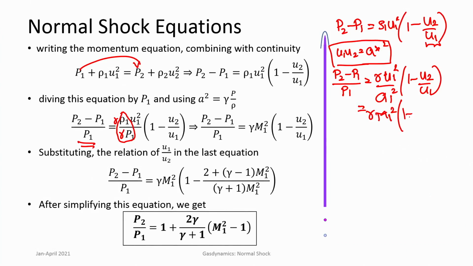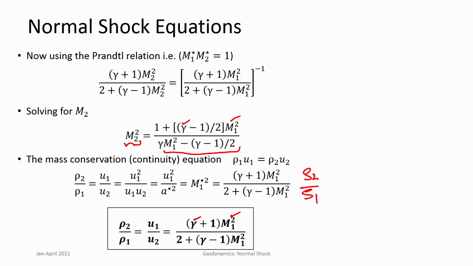Now, U2 by U1, from the previous analysis where we found rho 2 by rho 1 to be U1 by U2, is nothing but rho 1 by rho 2, which is 2 plus gamma minus 1 M1 square divided by gamma plus 1 M1 square.